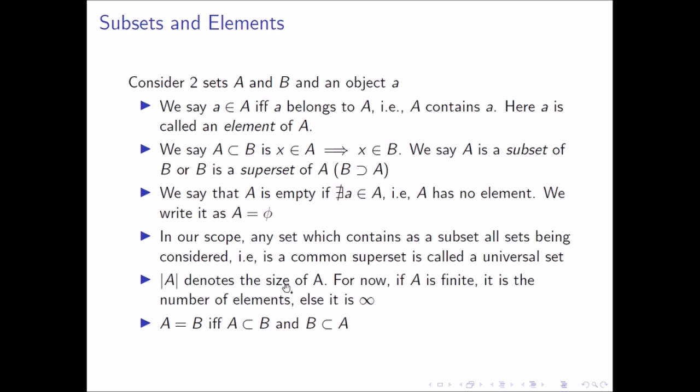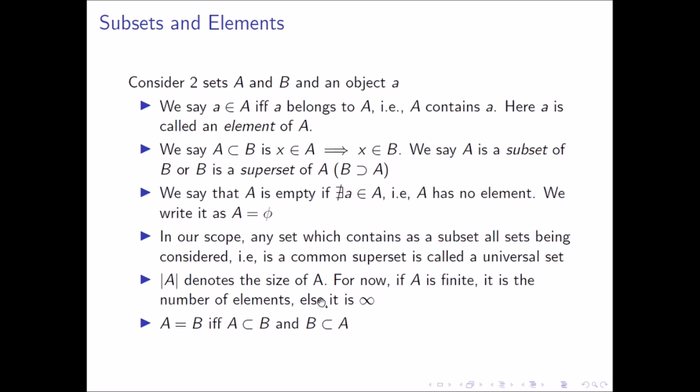Mod A denotes the size of A. This sign is the same as the mod in integers, or the absolute value of integers. In set theory, we call this the cardinality of A. But that's another deep concept, and we won't get much deeper into it right now. It's not necessary. If A is finite, the cardinality of A, or mod A, is basically the number of elements of A.